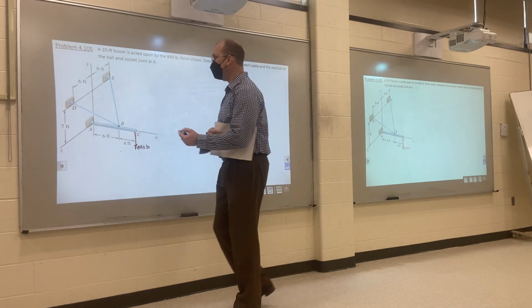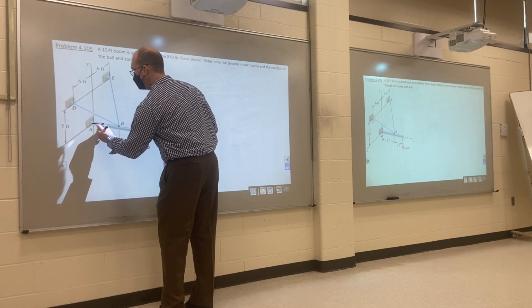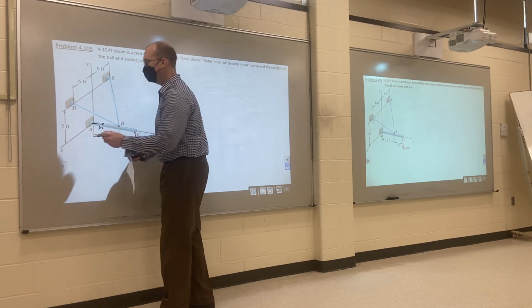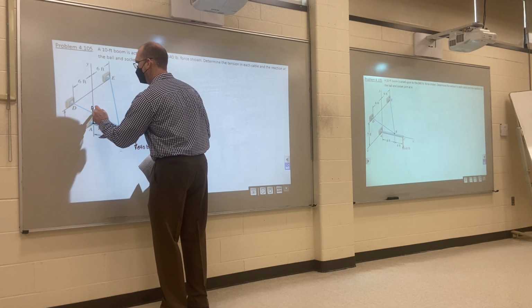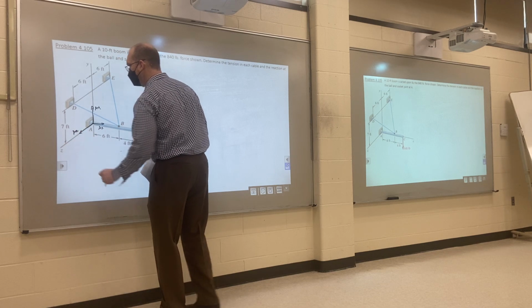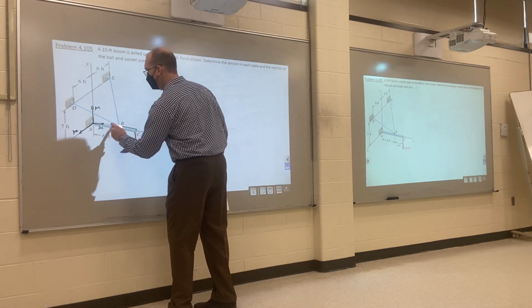So from a free body diagram standpoint, I would replace this ball and socket joint with, I'm gonna put them all in positive, because I'm a positive type of guy, AX positive, AY positive, and AZ positive, okay? So we're doing a free body diagram of boom ABC here.